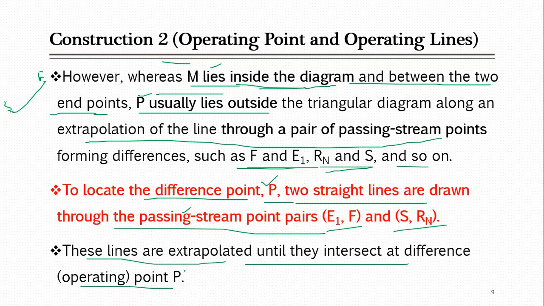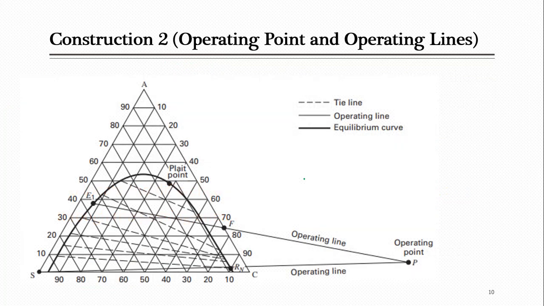You remember that in construction one you have located all these on your diagram: the feed, the solvent, E1 and Rn. So these points are very easy. Before coming to the P point, you have already located them. These can be used for drawing the lines which you extrapolate to some point which is called P. So let's look at this diagram, how you will locate P.